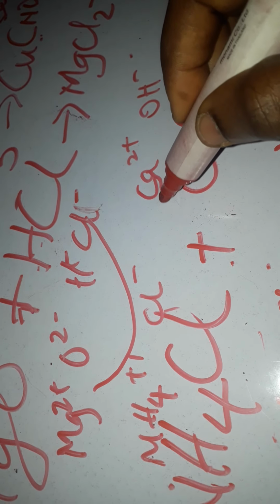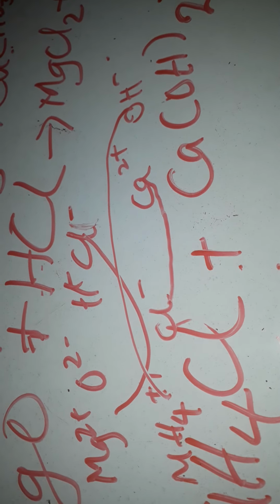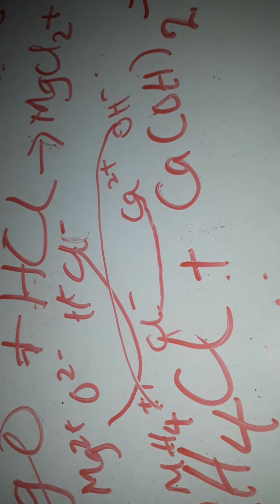Bring this together, positive with negative. So we have ammonium hydroxide, the plus and minus of ammonium and hydroxide cancel out. You have NH4OH, and you have calcium chloride.